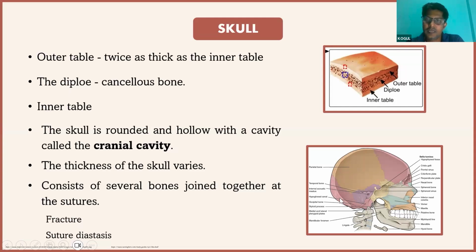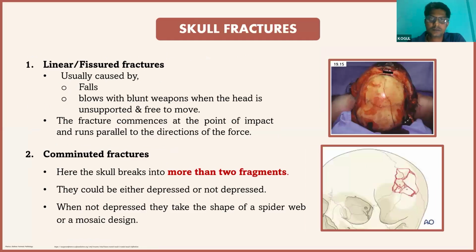It also has some elevations and buttresses, which are thick areas of the bone, so they mostly avoid fracture. Fracture usually does not happen in the buttress area because of the thick bone. The base of the skull has some thickness, and the temporal area is a very thin layer. So there are different skull thicknesses.